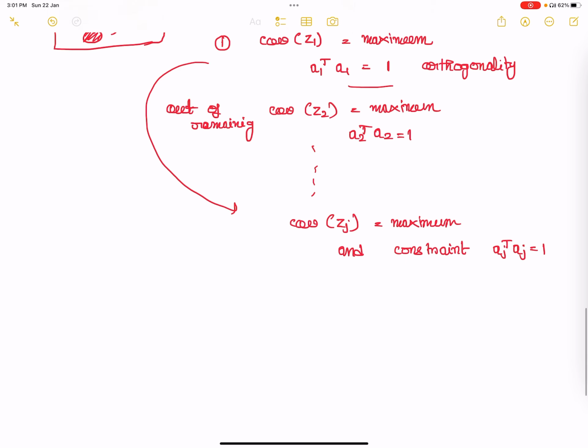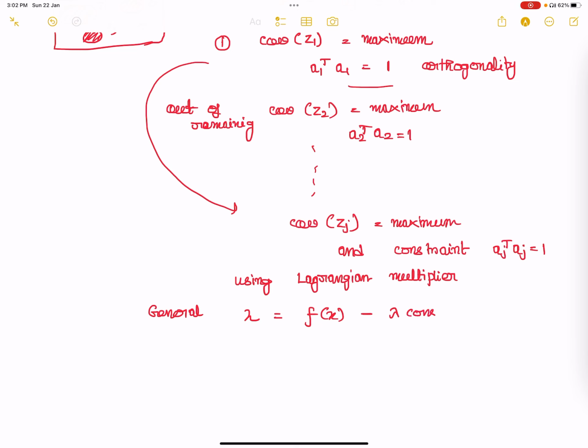Now, this maximizing I will do using the Lagrangian multiplier. I will try to demonstrate how this maximization is done. The general formula for the Lagrangian is f of x minus lambda times the constraint. Lambda is some constant.